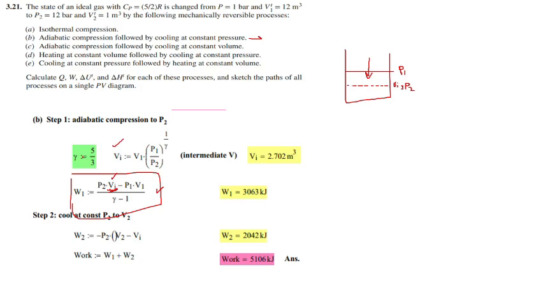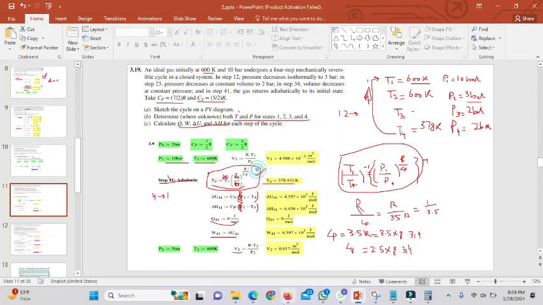Put the values. Gamma is 5/3. Why 5/3? Because first of all, you know the Cp value. Cp is 5/2 R. Okay, let me show you from the book.